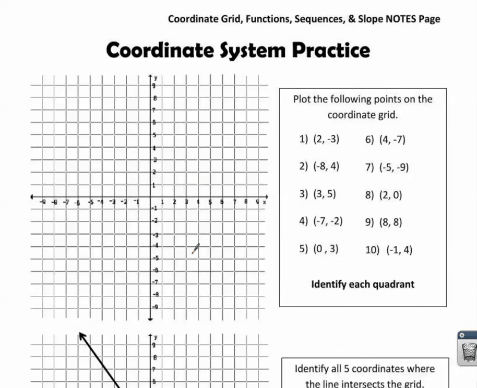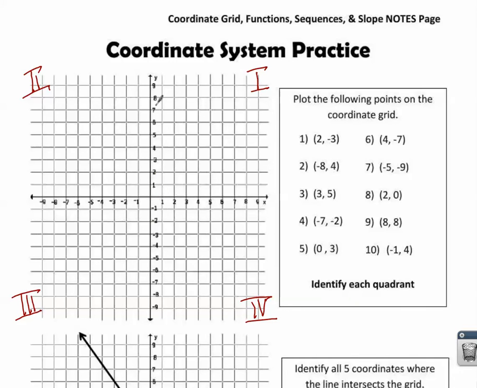Let's try again to label our quadrants. This is quadrant 1, quadrant 2, quadrant 3, and quadrant 4. Note that I am writing this in Roman numerals.